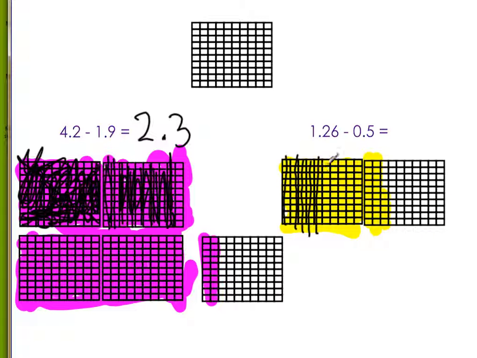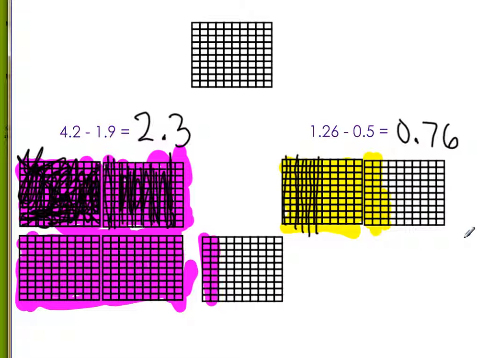So what's left over is 1, 2, 3, 4, 5, 6, 7/10. There's no whole ones. 7/10, and then what I have left over are these 1, 2, 3, 4, 5, 6/100. So 1 and 26/100, take away 5/10, is 0 and 76/100, and that's what's left over.